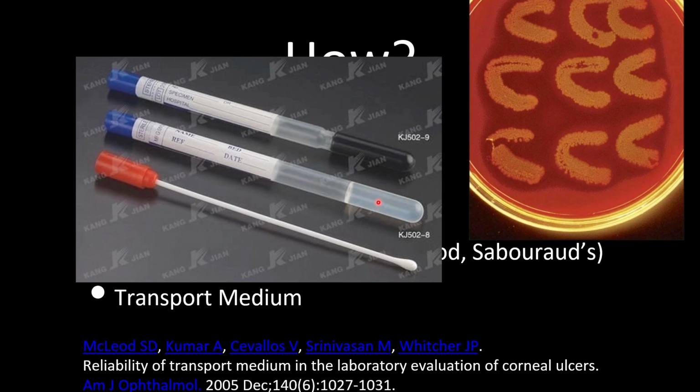Make sure you get the one without charcoal, this is with charcoal, and then just use a cotton tip, put it on the edges of the ulcer, and then place it in this. The outcomes are as good, or some would say as bad, as with a plate, because overall the culture rate is pretty low. But if you can do it fairly easily, these can stay in your drawer. They're good for at least a year, and usually your local lab will provide them to you for free.